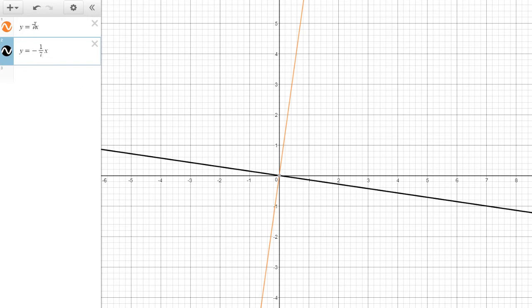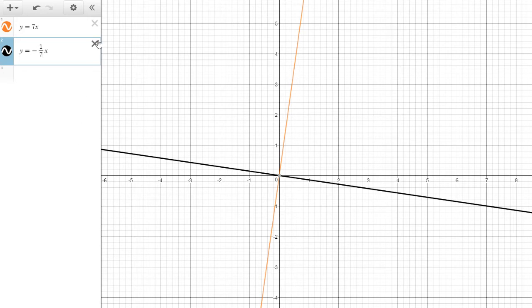So then if you multiply these two gradients, you have 7 times minus 1 upon 7, which is minus 1, okay? So we've got a way there to tell if two lines are perpendicular, because when you multiply the two gradients together, if you get minus 1, then the lines are perpendicular.